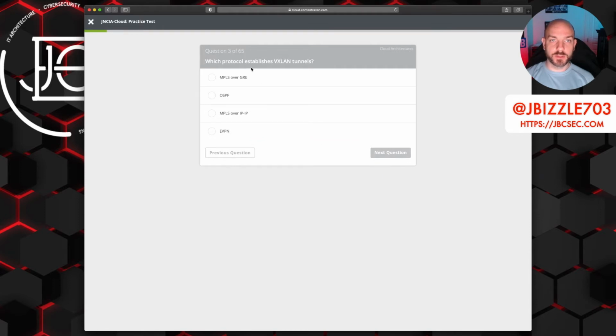Which protocol establishes VXLAN tunnels? Well, off the bat, it's not OSPF. MPLS over IP and IP, or EVPN. I want to go with one of these MPLS options, and I am not sure.